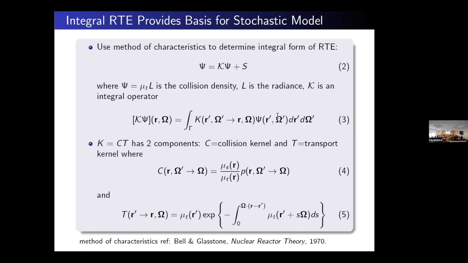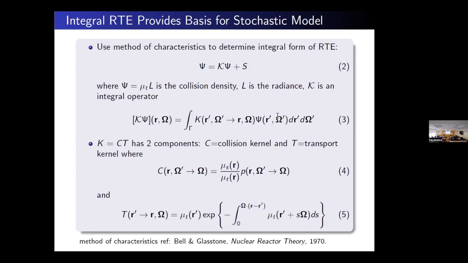So if you do scatter, then P defines the angle that you're going to deflect in from the direction that you're in. And T takes you in a direction from position R prime to R. It's given here, same as the equation you saw earlier. I just want to explain why there's an integral.